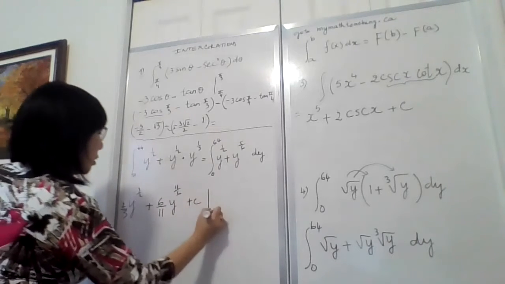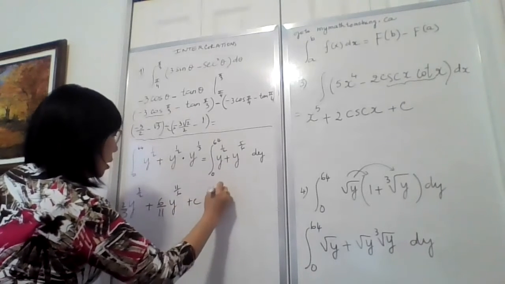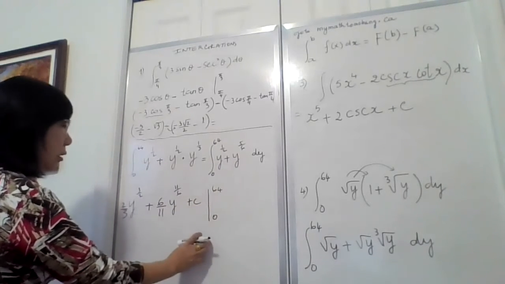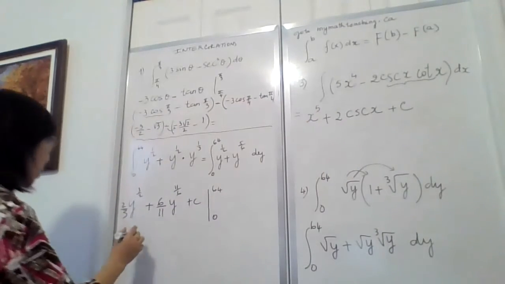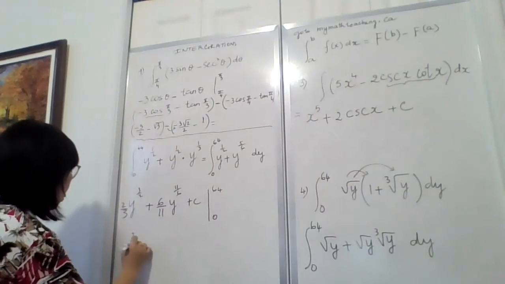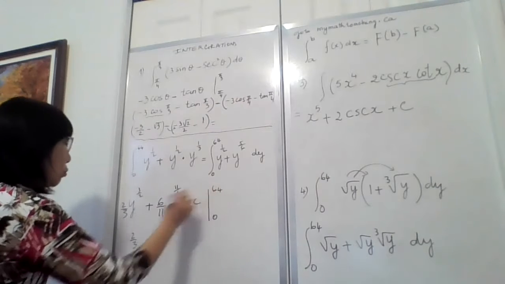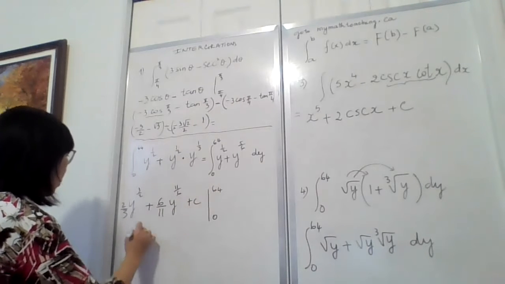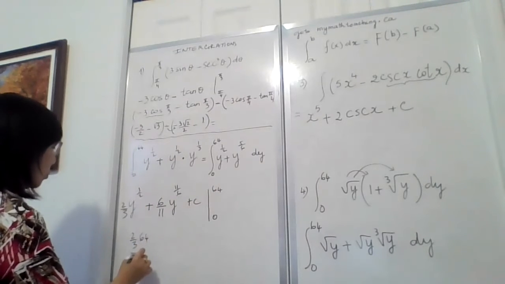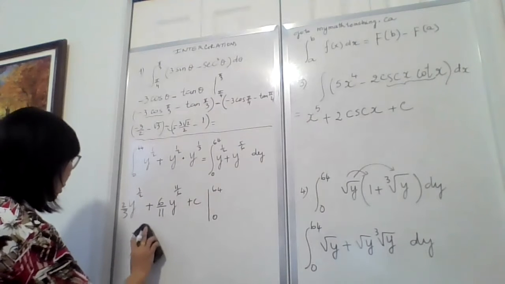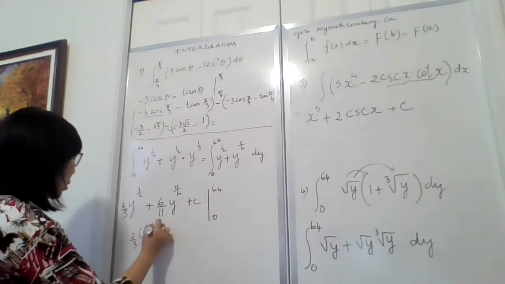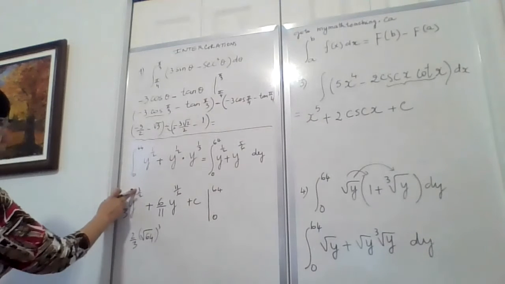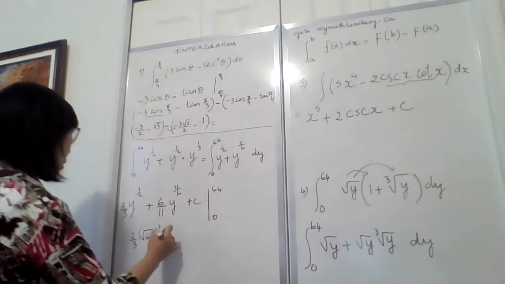Y go from 0 to 64. Now we do FB minus FA like this, right? So our FB will be 2/3. Our y will be substituted by 64 and 3/2. 3/2 is easy to turn it into square root of 64, and we power it back by the top here, power 3.